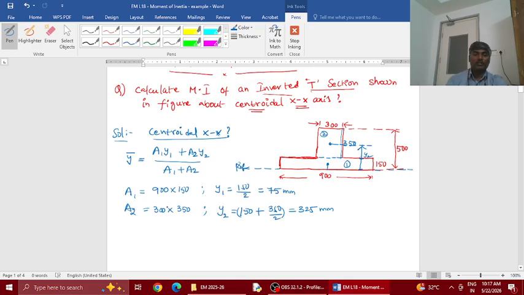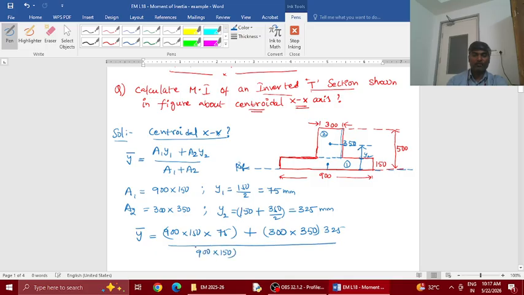Now these are the properties to be substituted to find the y bar value. So y bar is A1, 900 into 150, into y1, 75, plus A2, 300 into 350, into 325, divided by A1 plus A2, 900 into 150 plus 300 into 350.